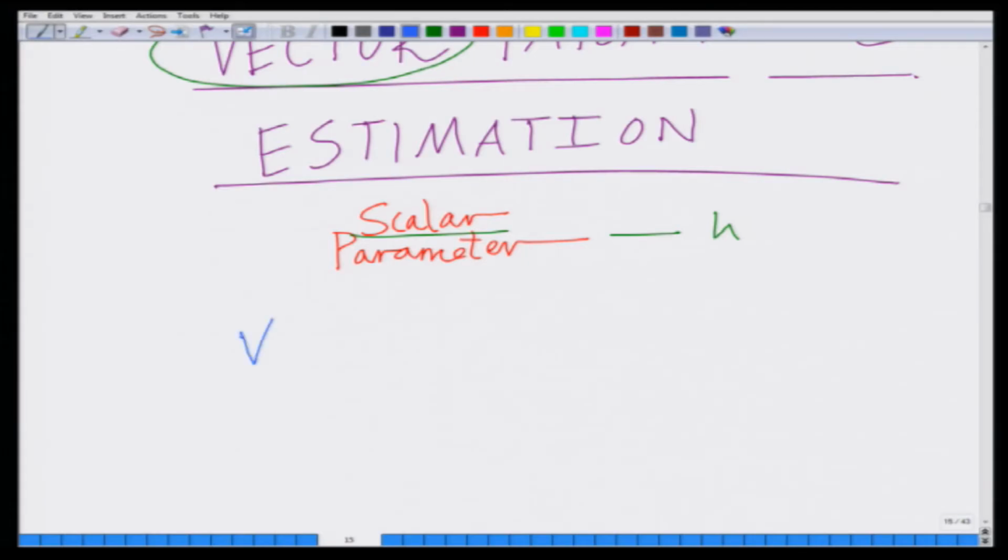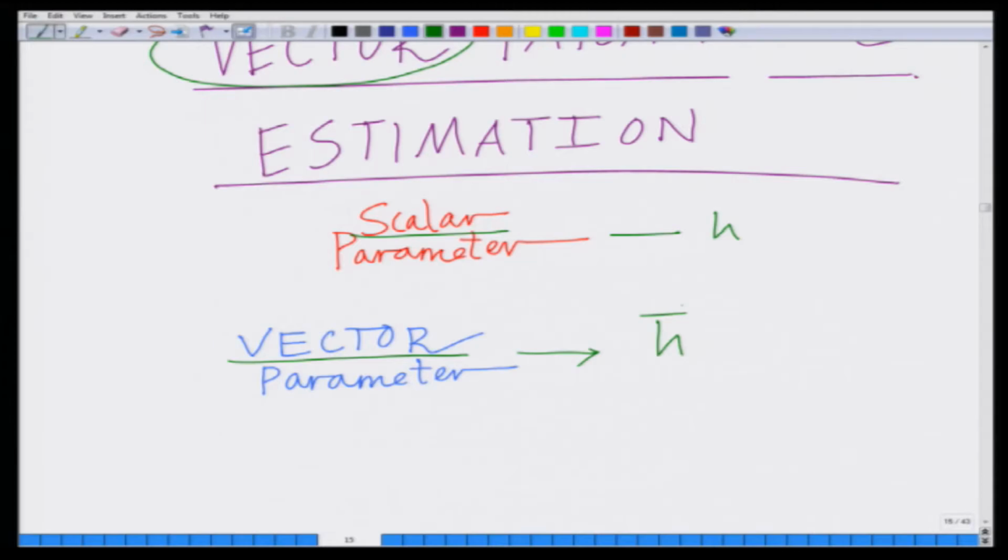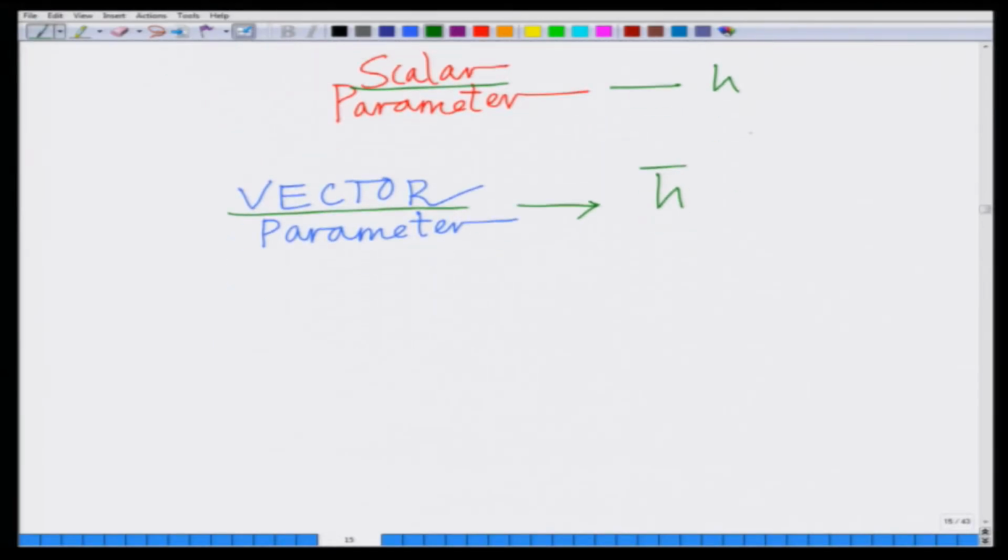estimation of a vector parameter, and let me emphasize this, this is a vector parameter. Similar to the notation that we use for vectors, we are going to denote this by vector h bar.